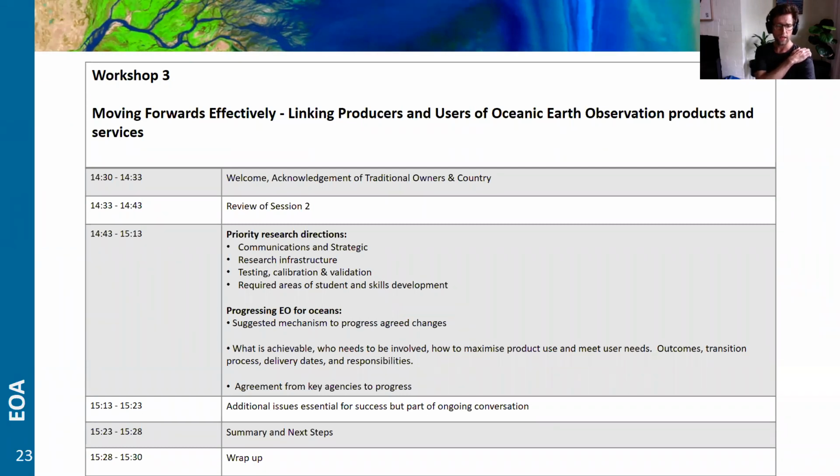Although maybe EOA is the entity that does that for the terrestrial side. We're trying to help pull together at least what the key points are from different areas. It has predominantly been terrestrial, but this is part of the approach of reaching out more to coastal, oceanic and also atmospheric sciences.